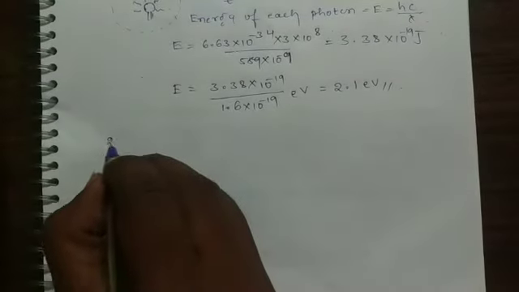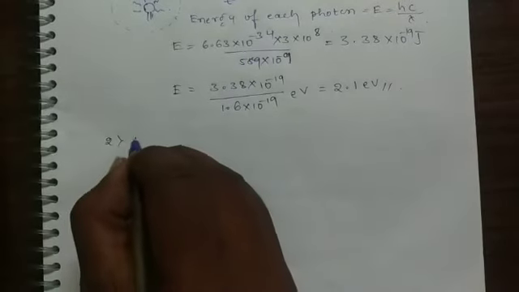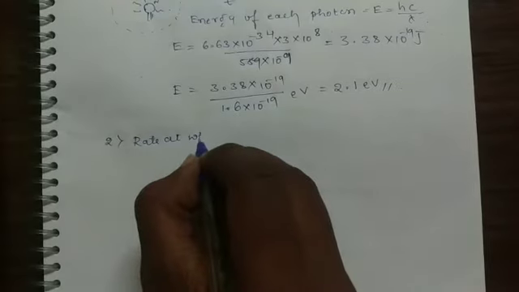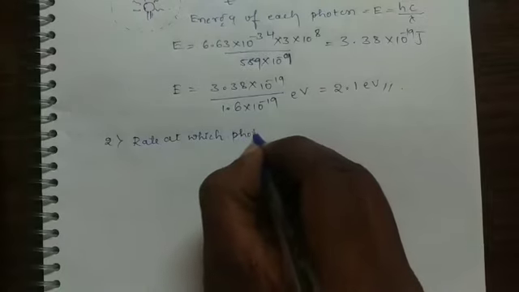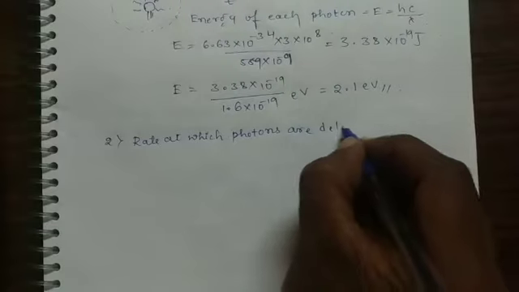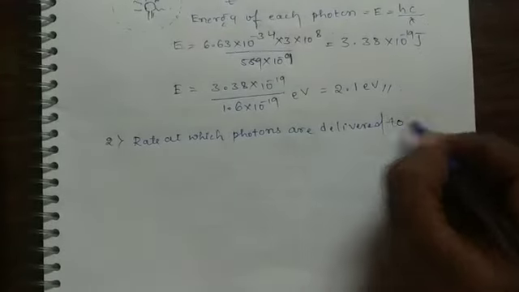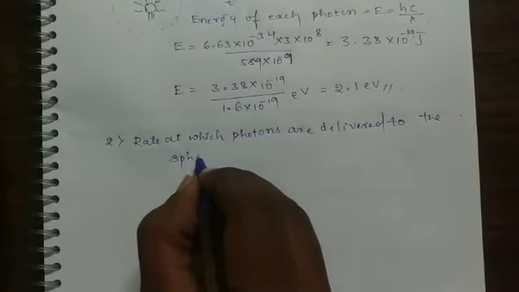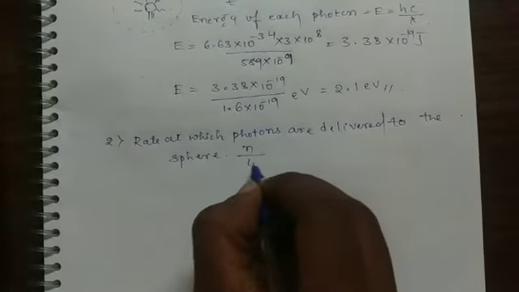It means the second one, the rate of emission of a photon, or the rate at which photons are delivered to the sphere. Okay, it means N by t.